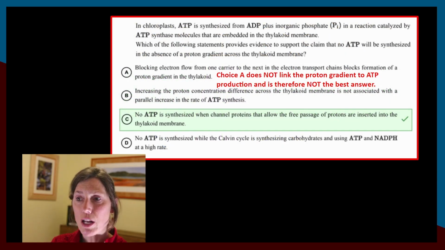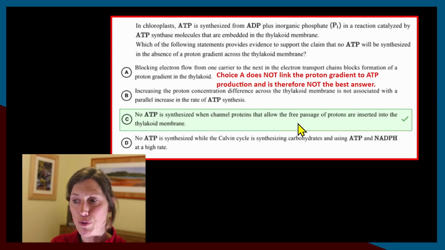So, which of the following statements provides evidence to support the claim that no ATP will be synthesized in the absence of a proton gradient across the thylakoid membrane? Let's immediately go to the correct answer. No ATP is synthesized when channel proteins that allow the free passage of protons are inserted into the thylakoid membrane.